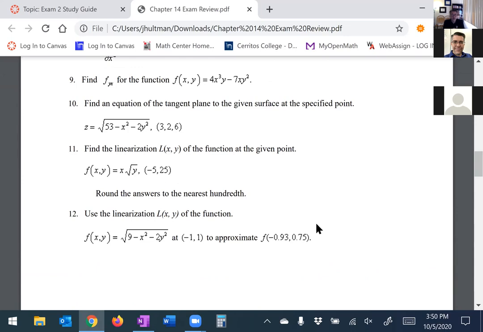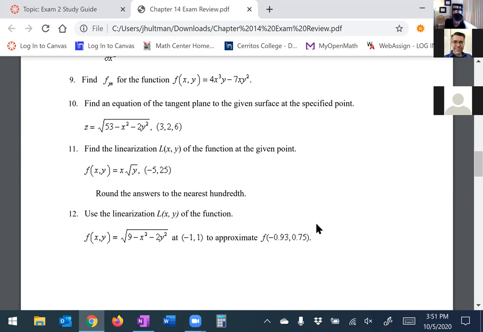Okay, the linearization of the function at -1, 1 to approximate this thing here.